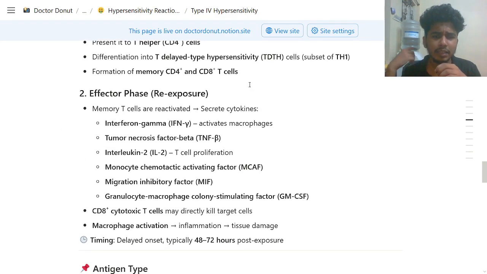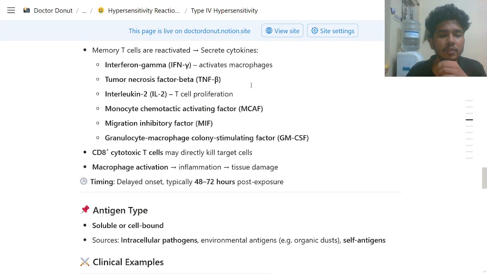Now, when the person is re-exposed, the memory T cells are activated and release cytokines, which include interferon gamma, which activates macrophages, tumor necrosis factor beta, and interleukin 2, which leads to T cell proliferation, and then monocyte chemotactic activation factor, migration inhibitory factor, and GM-CSF.